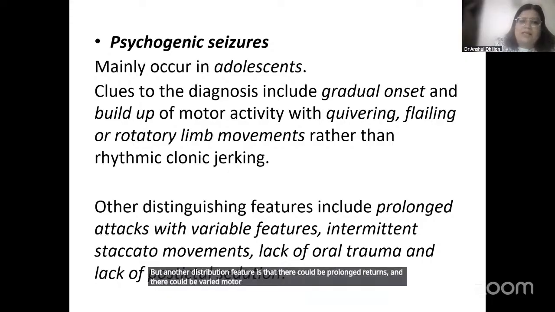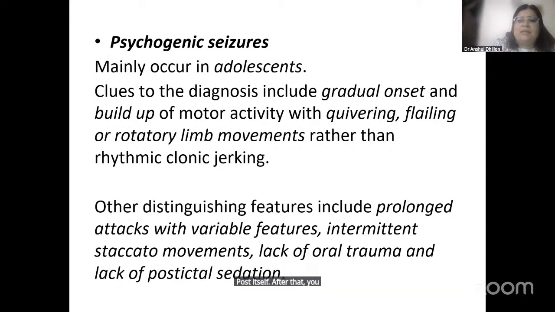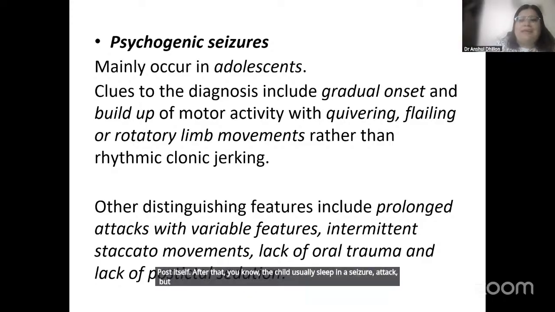Sometimes the child is moving the hands like this, sometimes like that. This is not the same repetitive type of movement as we see in seizure, and there is a lack of oral trauma and a lack of post-ictal state. After the episode, the child usually sleeps in a seizure attack, but will not be sleepy or sedated if it was a psychogenic seizure.